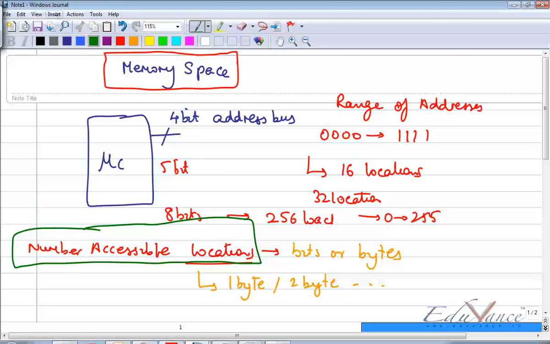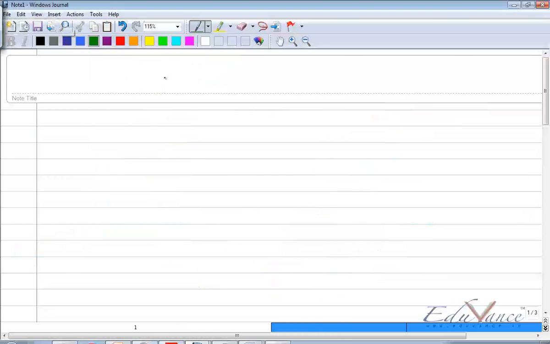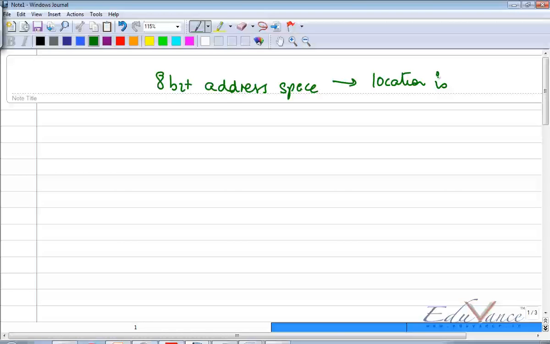Now continuing that example, if we say it is an 8-bit address space such that each location is 1 byte, then we can say that the total memory capacity is 256 bytes.